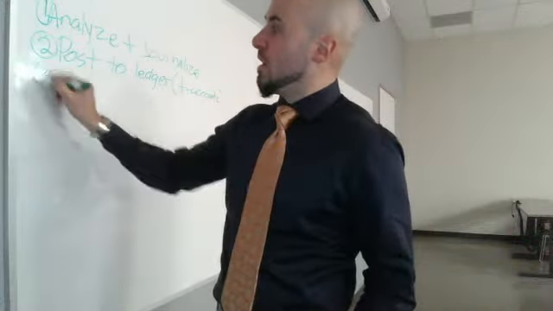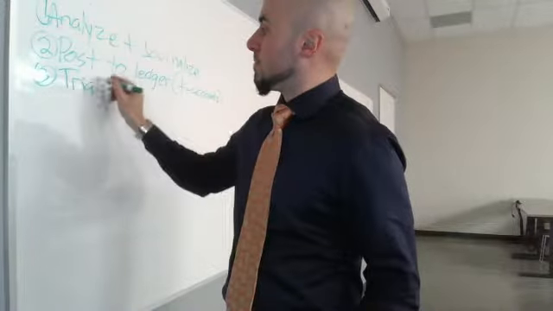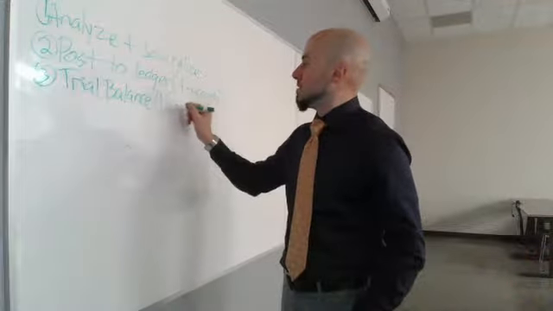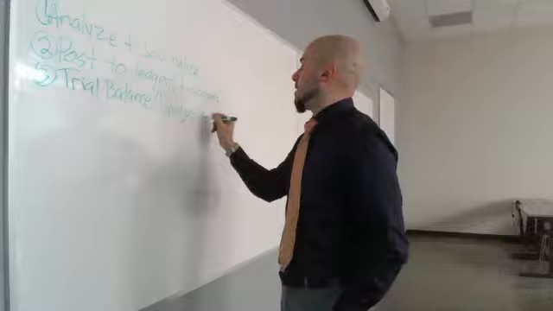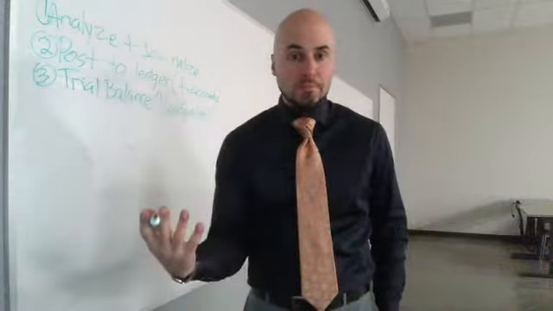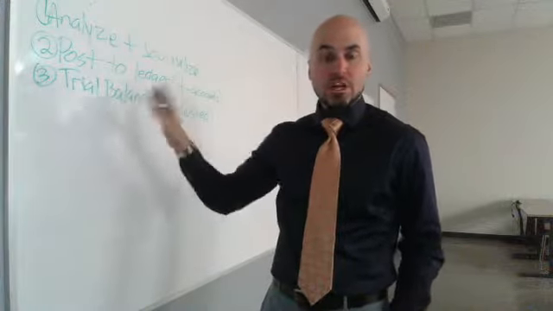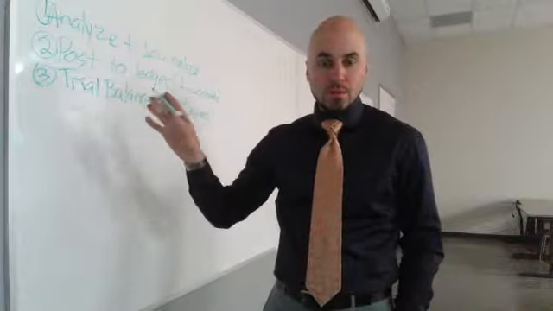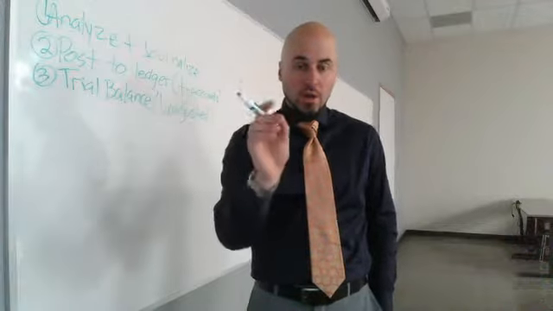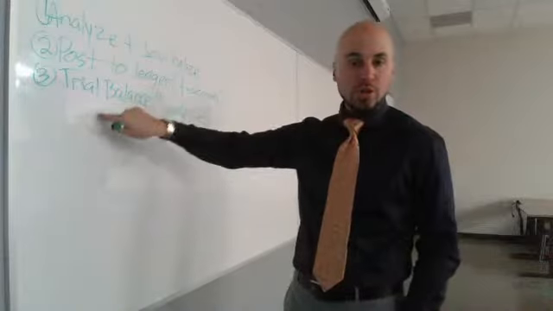And now three, trial balance. And really it's called the unadjusted trial balance. Unadjusted, meaning we are still going to adjust it. But here, as far as step three goes, it's the unadjusted, meaning it's the current trial balance. Whatever those balances are, just get copied from the ledger into the trial balance.